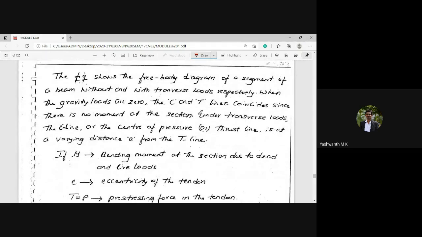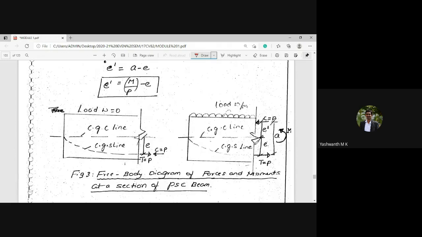since under transverse load, the C line or center of pressure line is at a varying distance, which is A. Observe here.